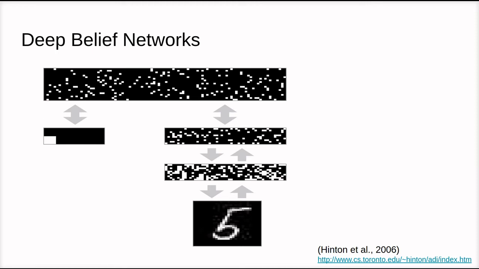Now, the concept of getting a network to reproduce its input as its output is, as we'll see, a very powerful concept. And it was using another kind of network called an autoencoder, a purely feed-forward network that reproduces its input as its output, that enabled the construction of deep belief networks.